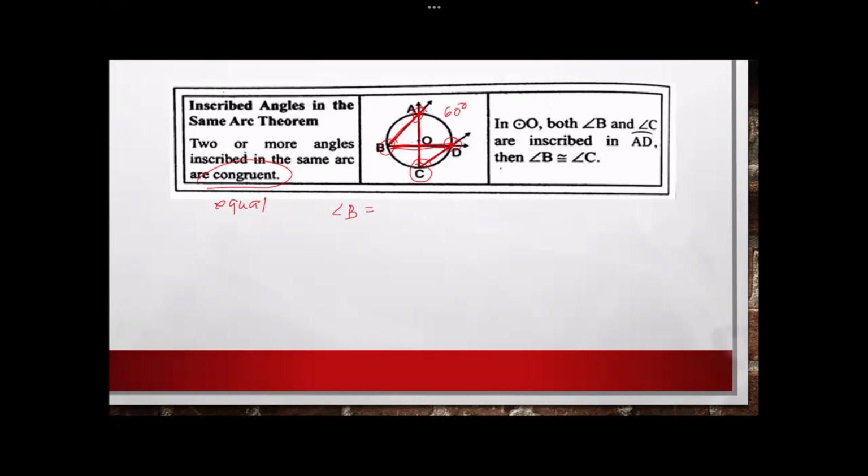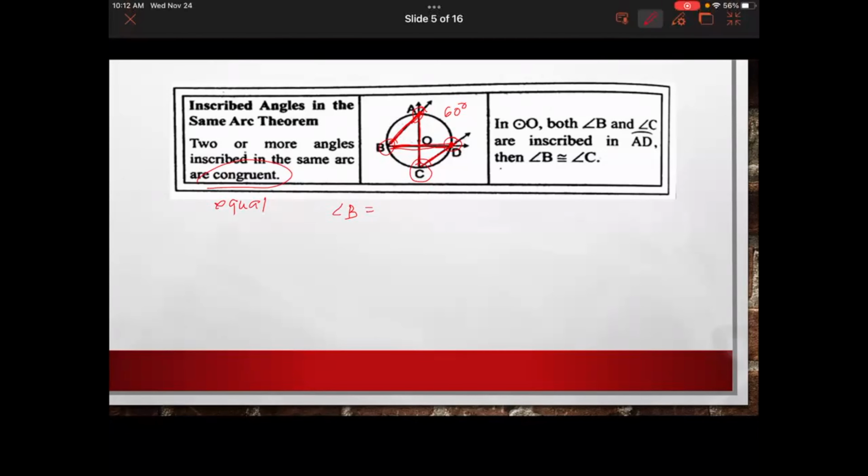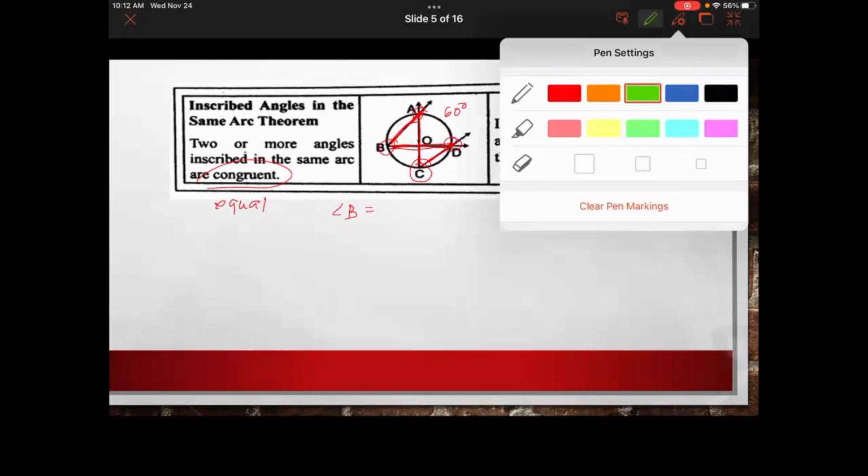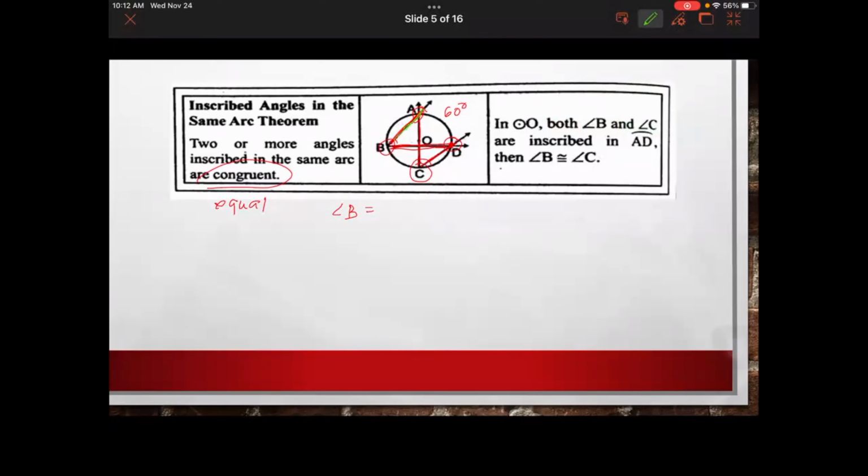Anyone? So, B is this one. For the letter B, this is it. What is in front of it? That is a 60.